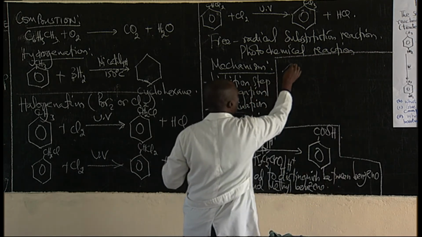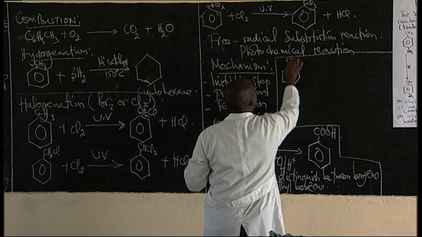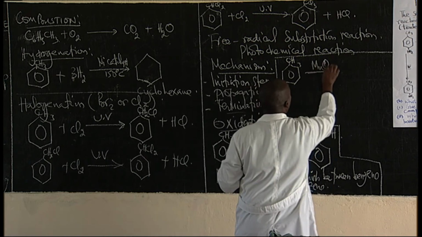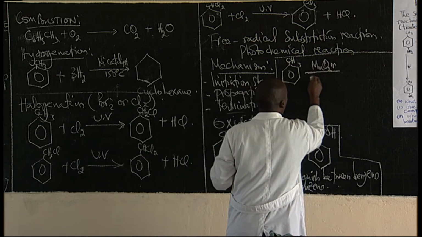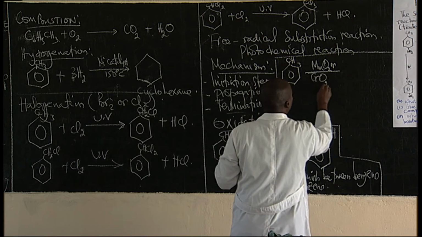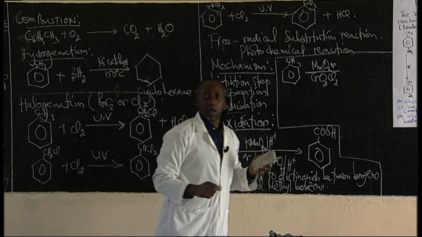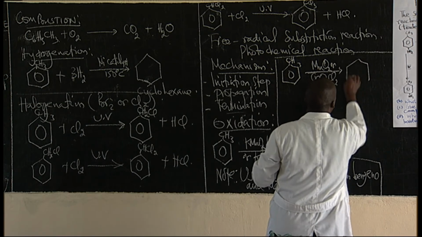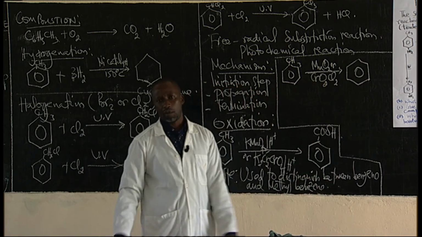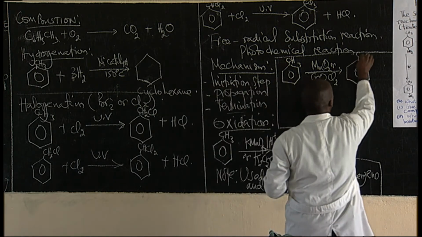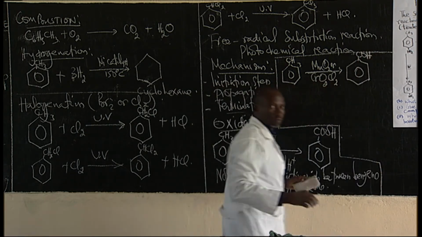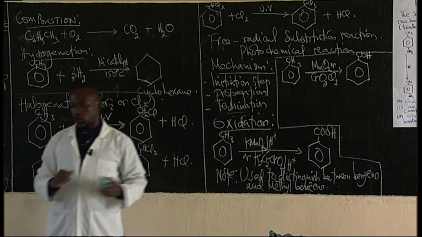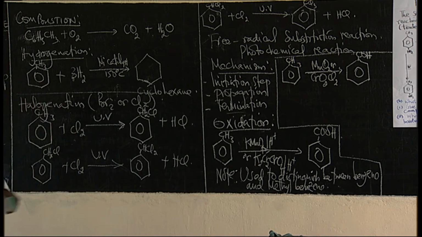If you have a methyl group and you add a mild oxidizing agent, either manganese(IV) oxide or chromyl chloride, CrO2Cl2, instead of moving to the carboxylic acid, you will move to an aldehyde, CHO. That is benzaldehyde, when you are using mild or weak oxidizing agents.